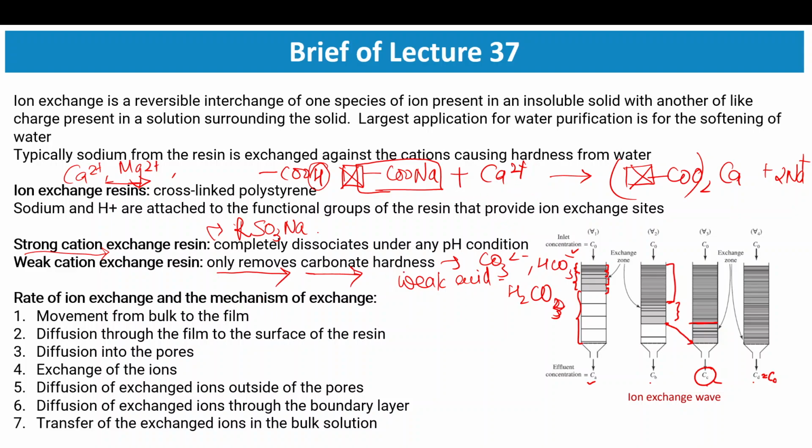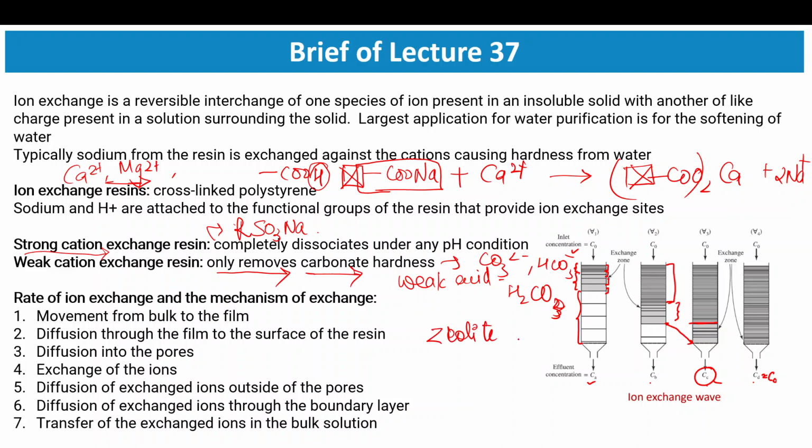And once it has reached the film or the boundary layer, it moves inside the boundary layer to the surface of the resin, where it will face some resistance. Now, once it has reached the surface of the resin, this resin could be porous.